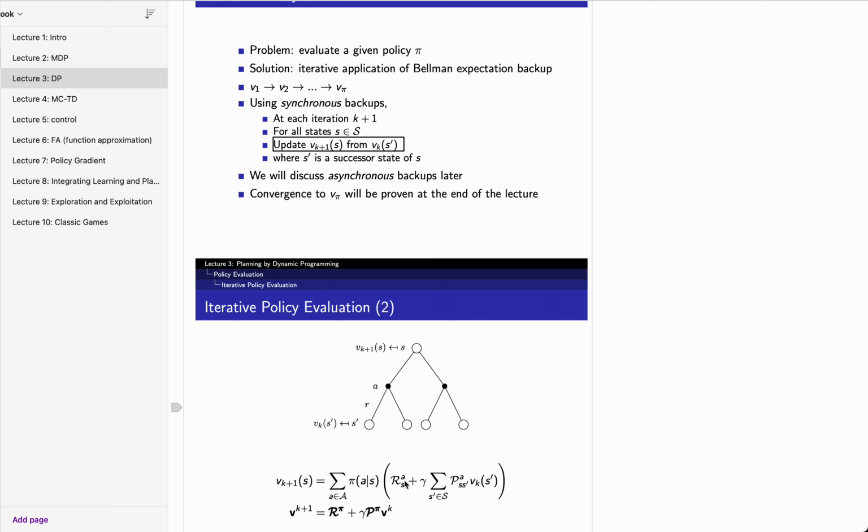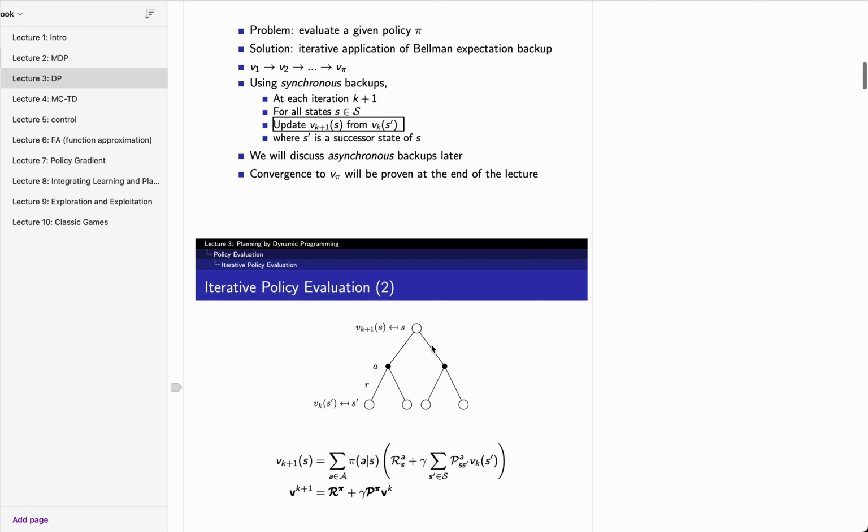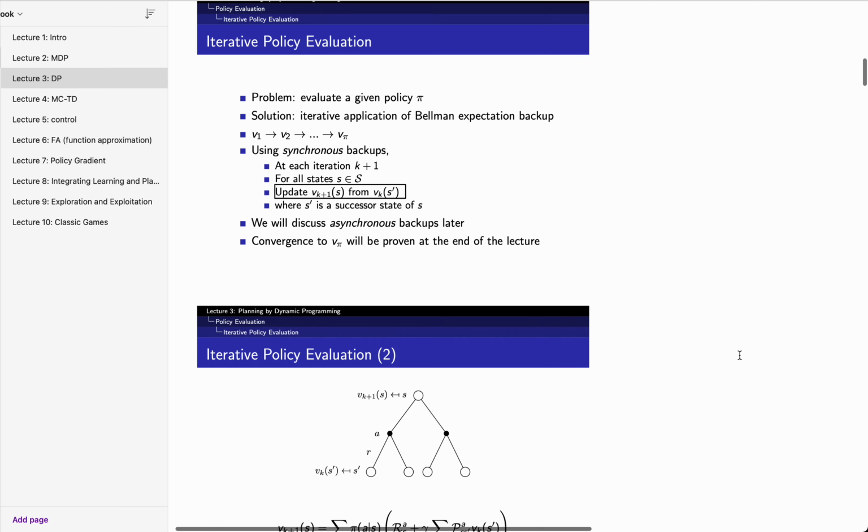Each action value function equals the immediate reward plus the discount factor times the state transition probability matrix times the state value function at iteration k of the next state s prime. So he's just trying to calculate vk plus 1 of s using s prime of the previous iteration. That's what it's saying here.